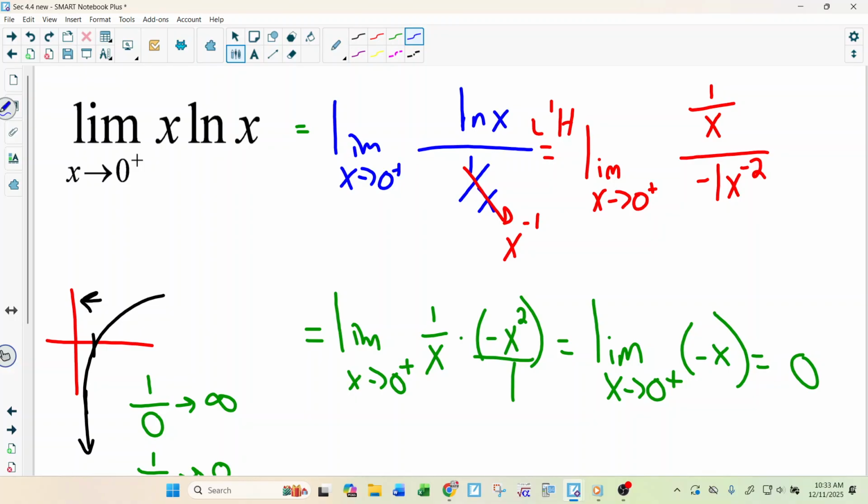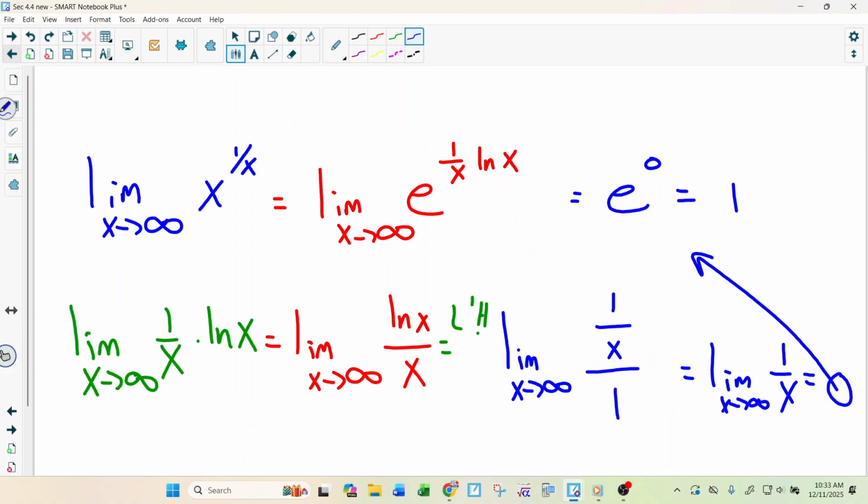The one on the back is more like this, where you have x to an x, you're going to have to write it as e to the natural log. So homework-wise, you got to do 1 of each, okay? In addition to the first worksheet that we already had the other day, okay? So we have 2 for L'Hopital's rule. We have part 1 and part 2, and then the related rates in Delta Math.